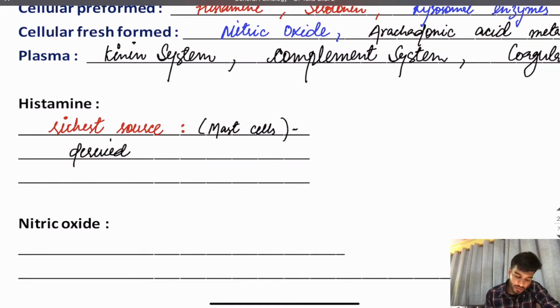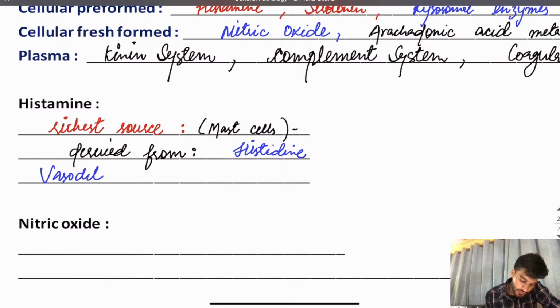Basophils and platelets are also there, but you remember mast cells. It is derived from histidine.